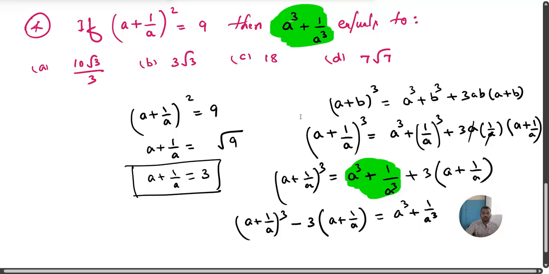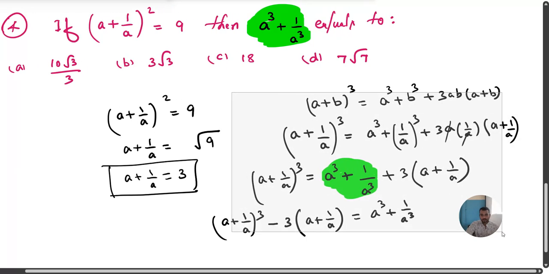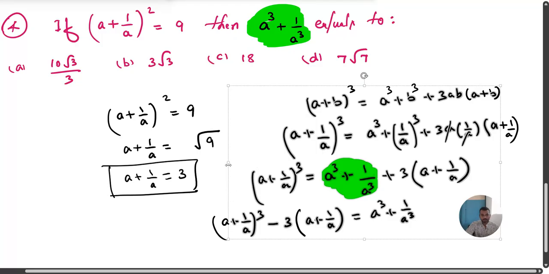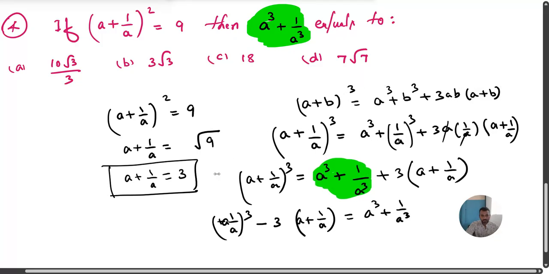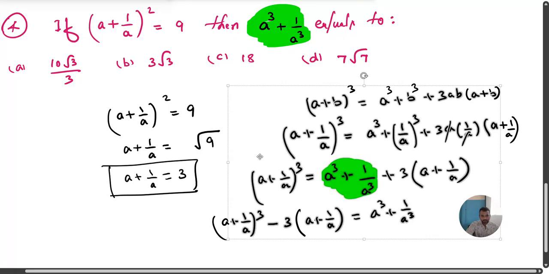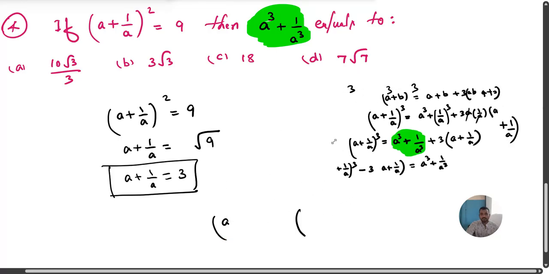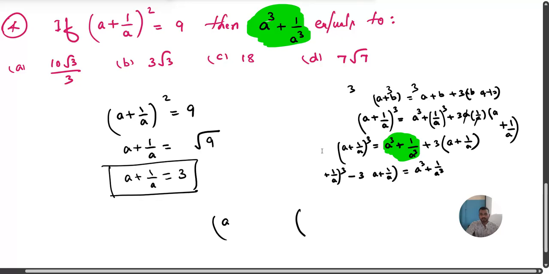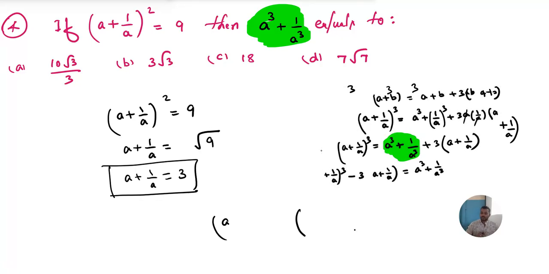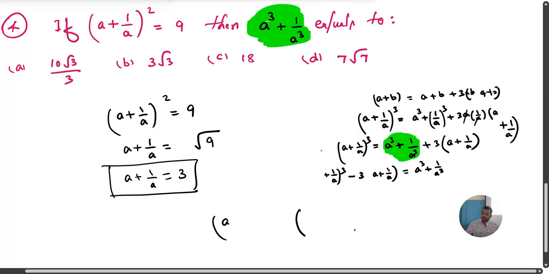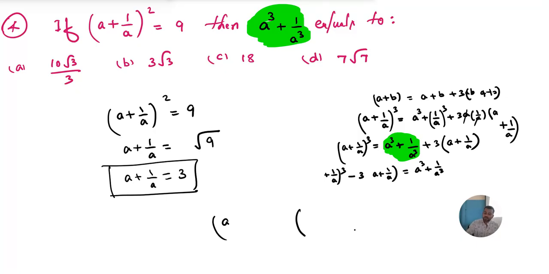Now, observe, students. The interesting part starts here. Now let me minimize this part. Okay. Observe here. This was (a plus b) whole cube, a cube plus b cube.